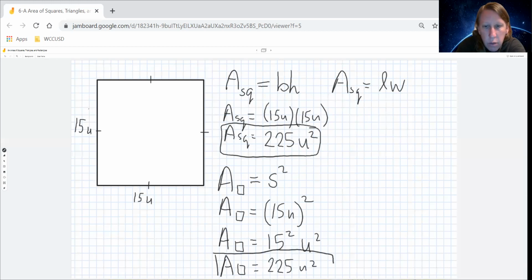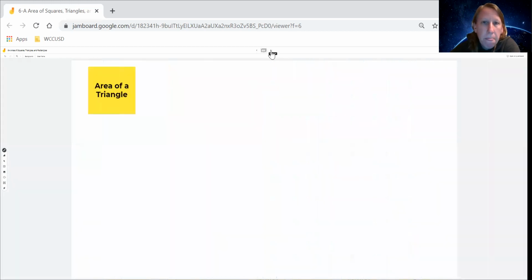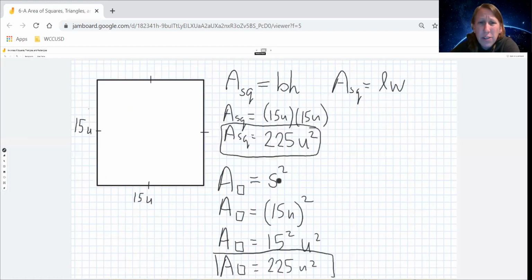Just another way to show work. This says the area of the square is 225 units squared. All right, so squares are the easiest, but I still want you to show work, and I want you to make sure you're including units here and here.